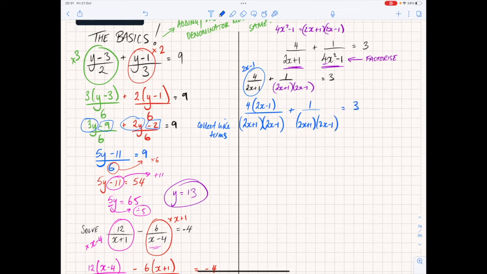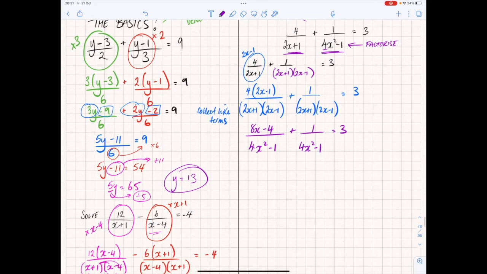So let's expand that top part out again. So we end up with 8x minus 4 over, we can expand the bottom out now, we know that becomes 4x squared minus 1, plus 1 over 4x squared minus 1 equals 3. Collect our like terms at the top, so that's basically the same as that point there. 8x, there's no other x's, so we know it's going to stay as 8x, minus 4 plus 1 is minus 3, all over 4x squared minus 1 equals 3.